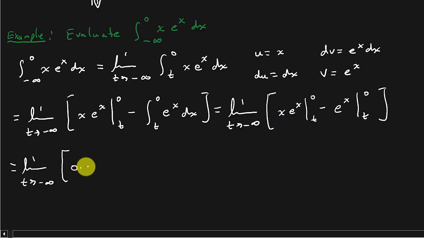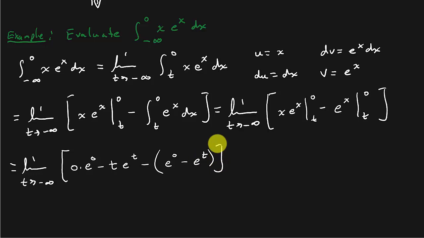So that's going to be 0 times e to the 0 minus t times e to the t, minus, and let's put this in parentheses because it's going to be minus this whole thing. That's going to be e to the 0 minus e to the t. All right. So yes, this thing can get kind of messy if you let it.